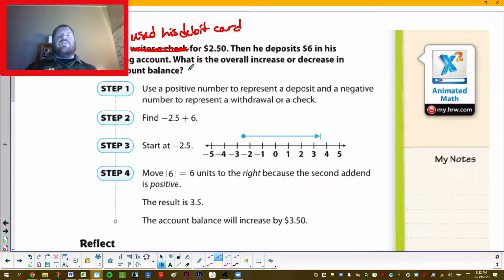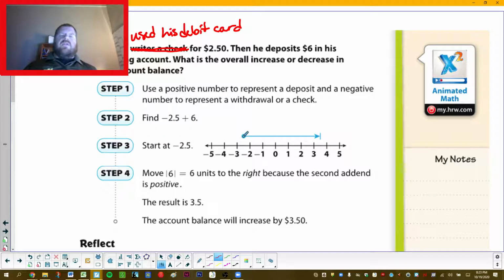Then he deposits $6 into his checking account. What is the overall increase or decrease in his account balance? So using money, spending money is a negative, putting money into the account is a positive. So for this, we're going to start at negative 2.5, and we're going to move right 6.